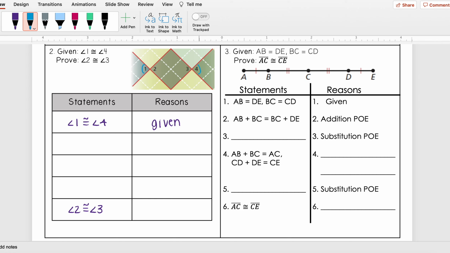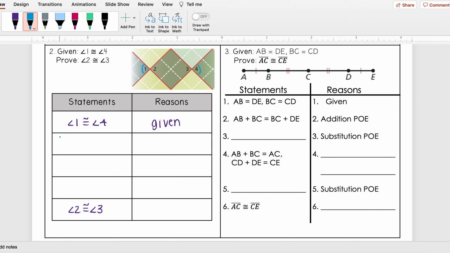So now I need to look at this diagram and think, okay, what else can I grab from this? Because I don't have any definitions to work with in my given, so I need to see what can I get from this diagram. Well, I noticed I have two pairs of vertical angles. I have angle 1 and angle 2 are vertical angles, and angle 3 and angle 4 are vertical angles.